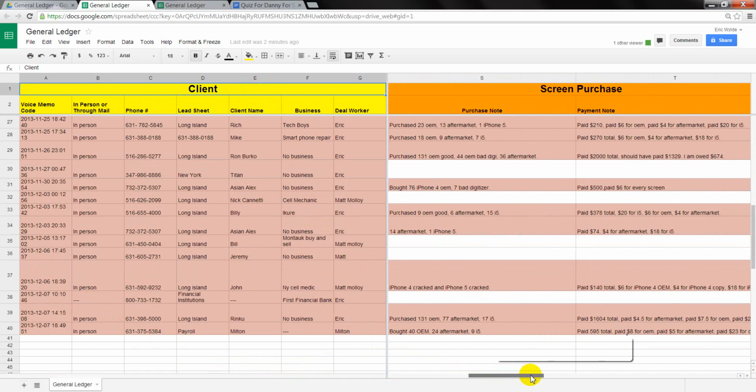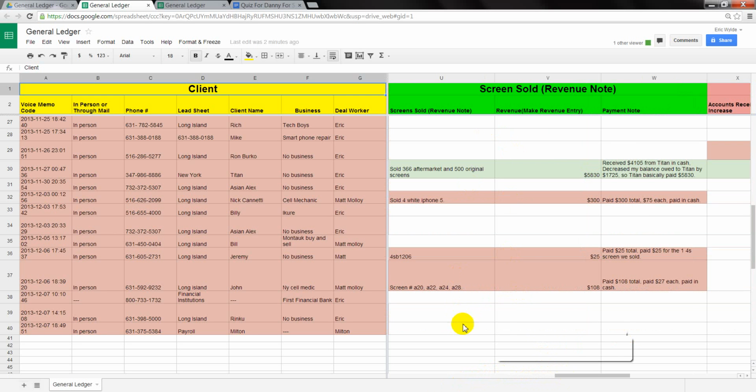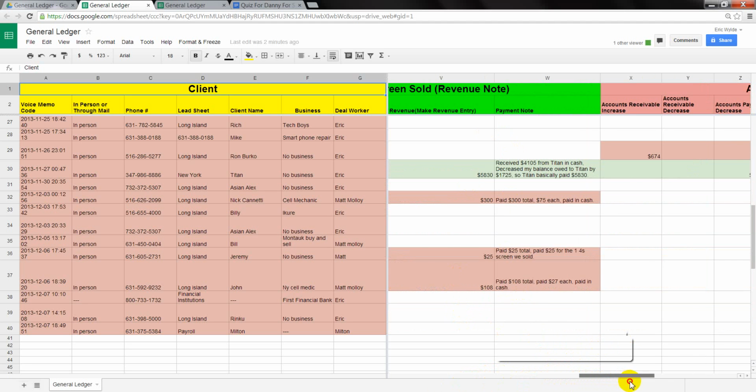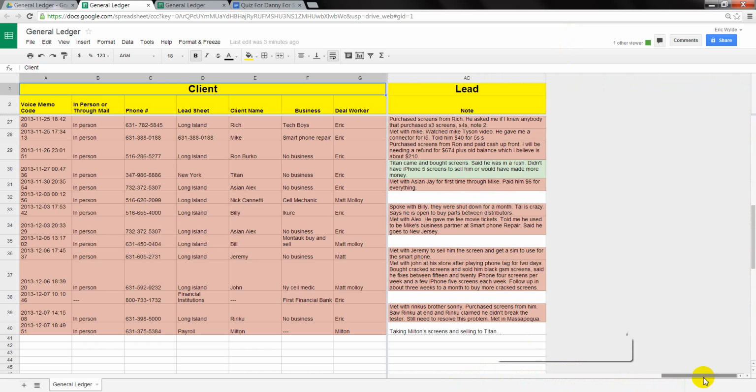If you bought screens from him, you would have the screen purchase information. If you sold him screens, you would have the screen sold information. If we owed him money, or he owed us money, we'd have the accounts receivable / payable information. And basically the notes taken on what happened in that meeting would also be there.